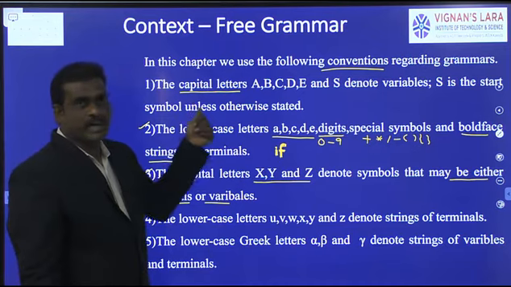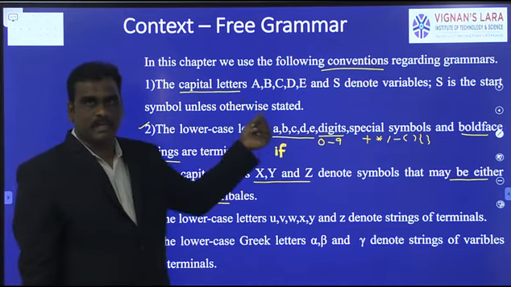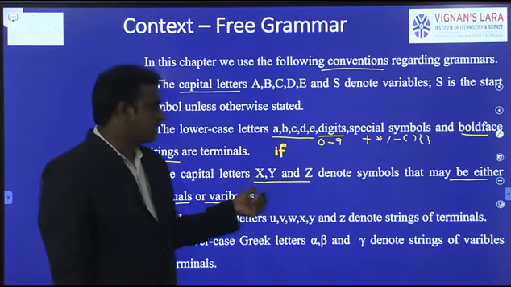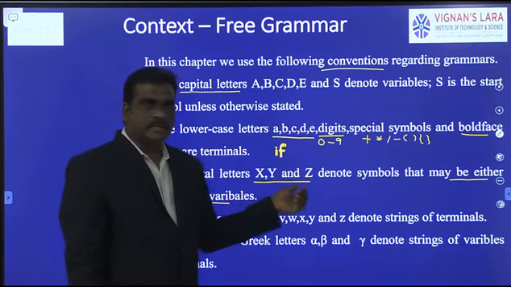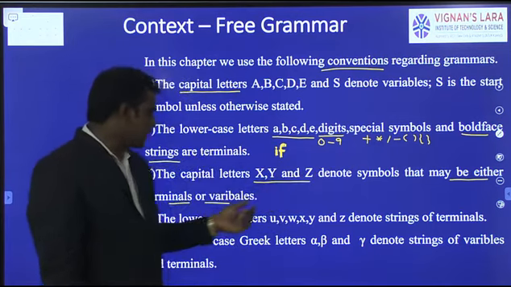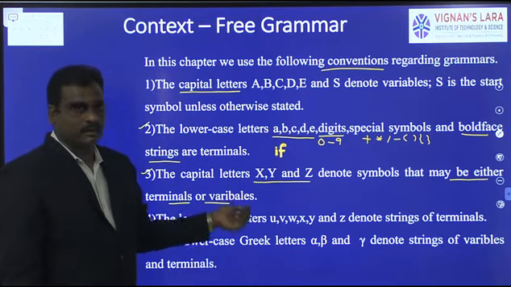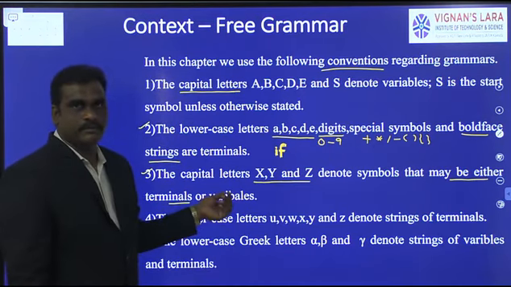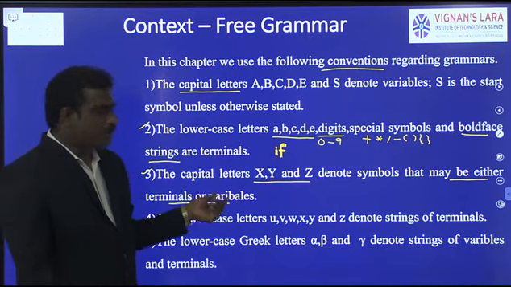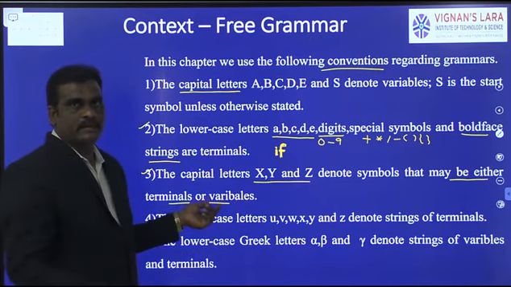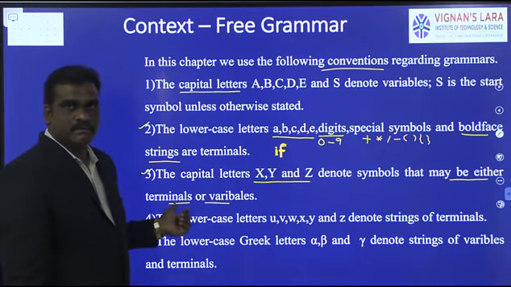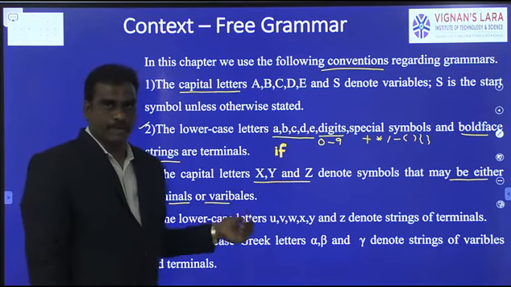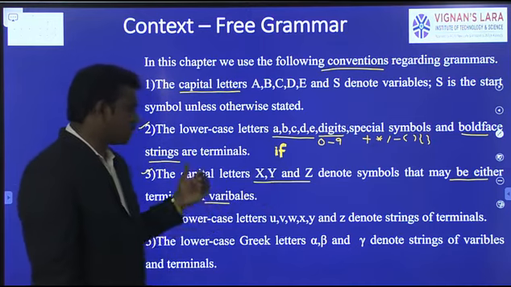As per the first point, capital letters are variables, but X, Y, Z denote either terminal or non-terminal. So it depends upon the meaning of the grammar. Sometimes we may treat it as a terminal and sometimes as a variable. So that is the third point.